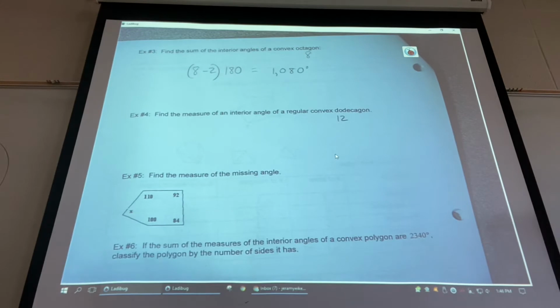Because it's a regular dodecagon, we know all the angles are the same, and they're wanting us to find the measure of one of them. So once we get our total, what are we going to do? Divide by 12. I think we got a plan.